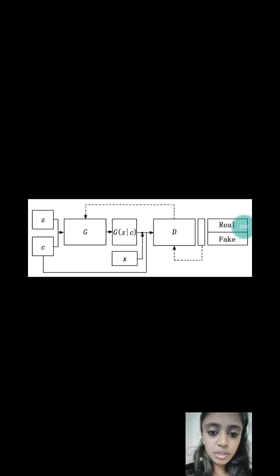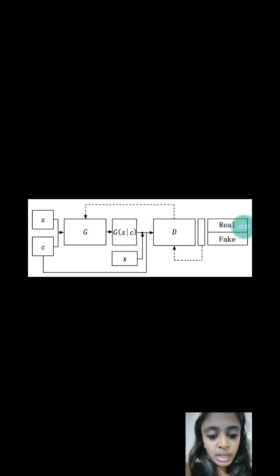There are many types of GAN network, and in this type of GAN network the input, which is of numerical form, is given to the generator G, and Z means noise in the data.